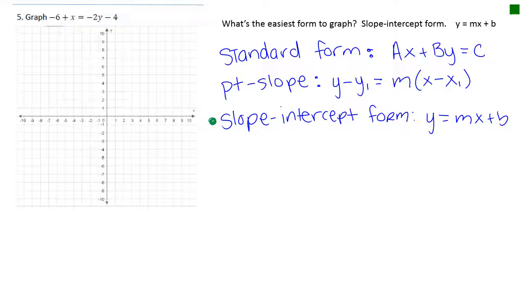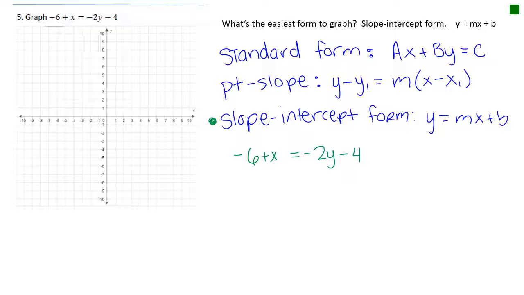And then once we have it in slope-intercept form, we can identify our y-intercept, we can identify our slope, and then we can graph it. So we're going to take negative 6 plus x is equal to negative 2y minus 4, and rearrange the problem in order to get the y by itself.